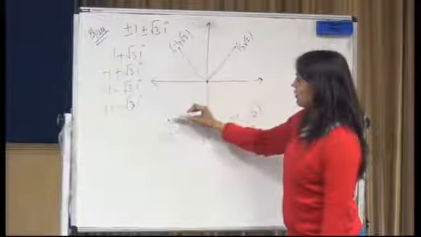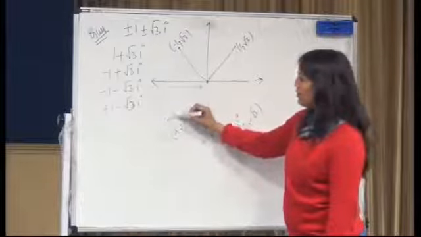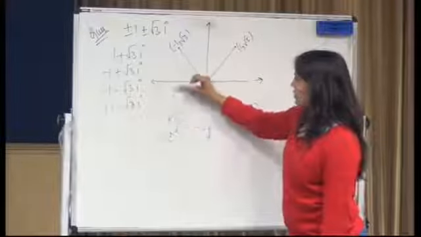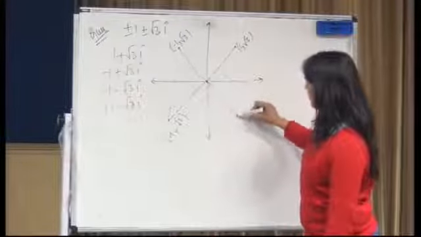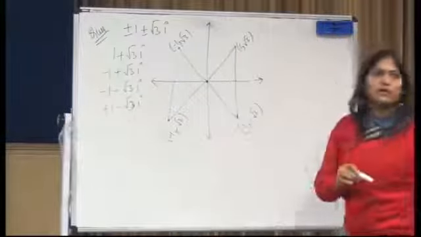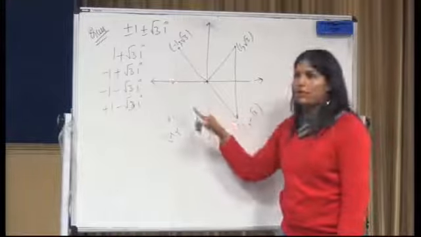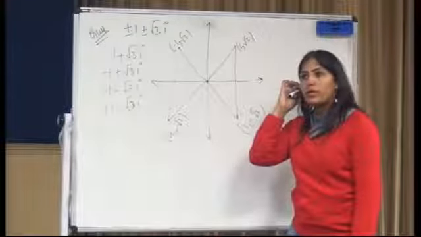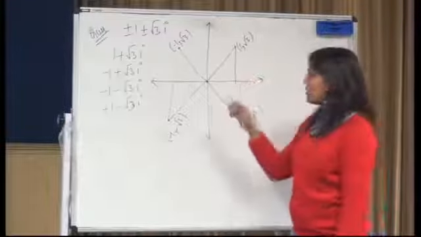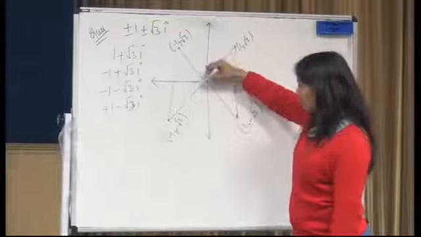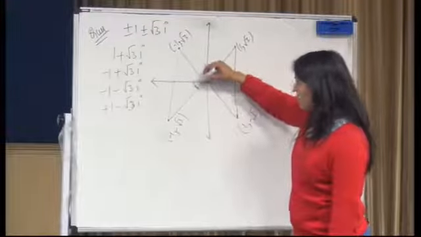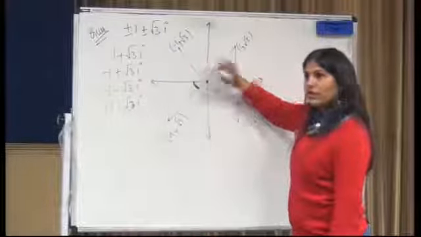For this one, opposite, and for this is it fine? Drawing, because sometimes you get confused, I draw the line here or here, but basically the angle should be with the x-axis. It means that radius vector should touch. Fine. Is it okay till here?